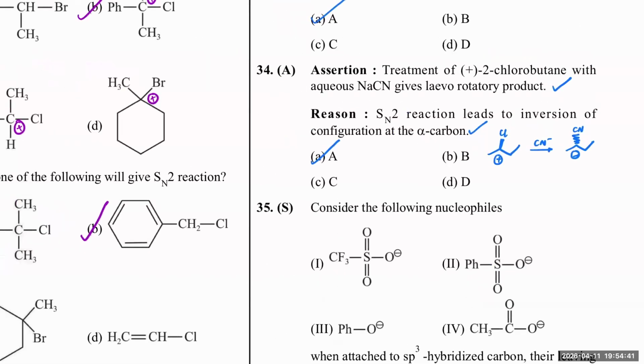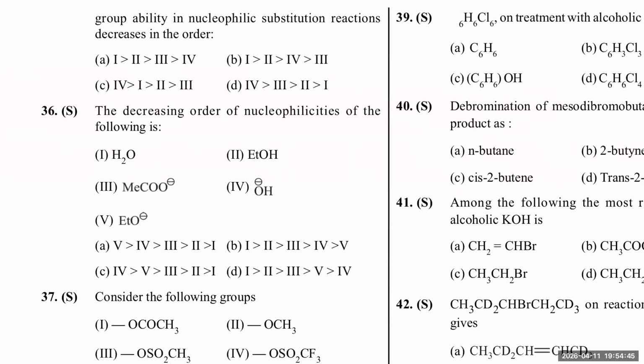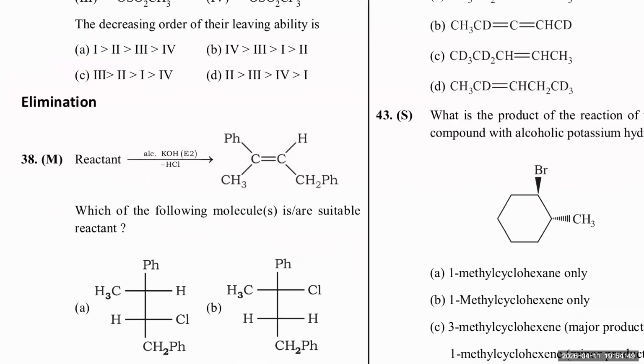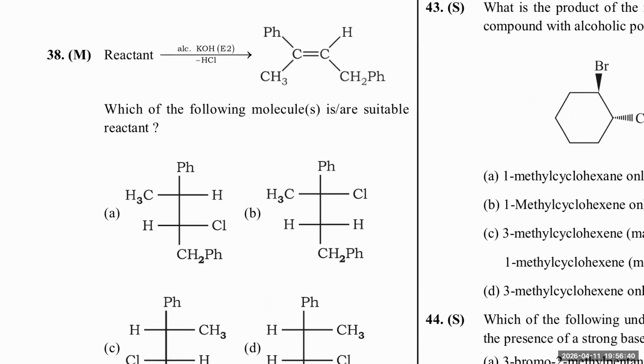Here everybody. So check. Now please check this out. 38. Everybody. It's a good question. I want you to try this first. Please check out. The reactant is giving an E2 mechanism to get this as some kind of a transposition here.